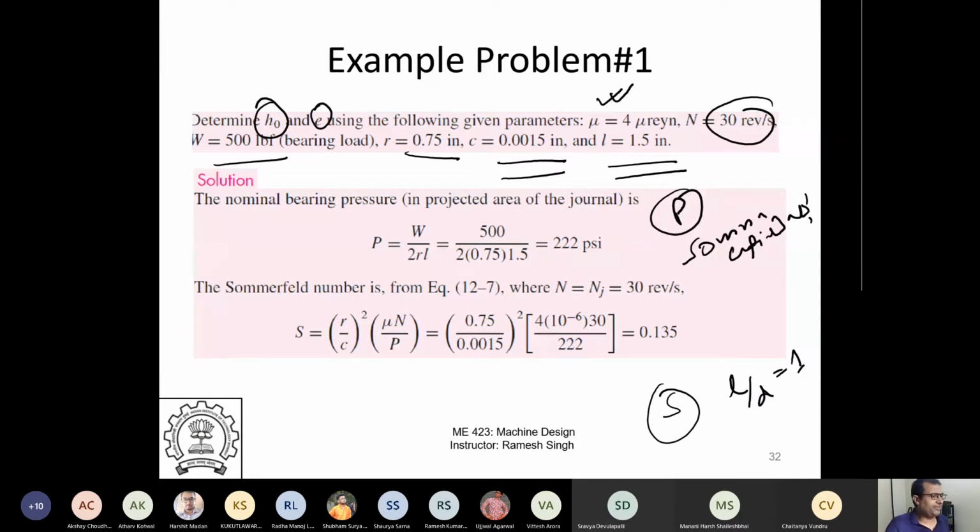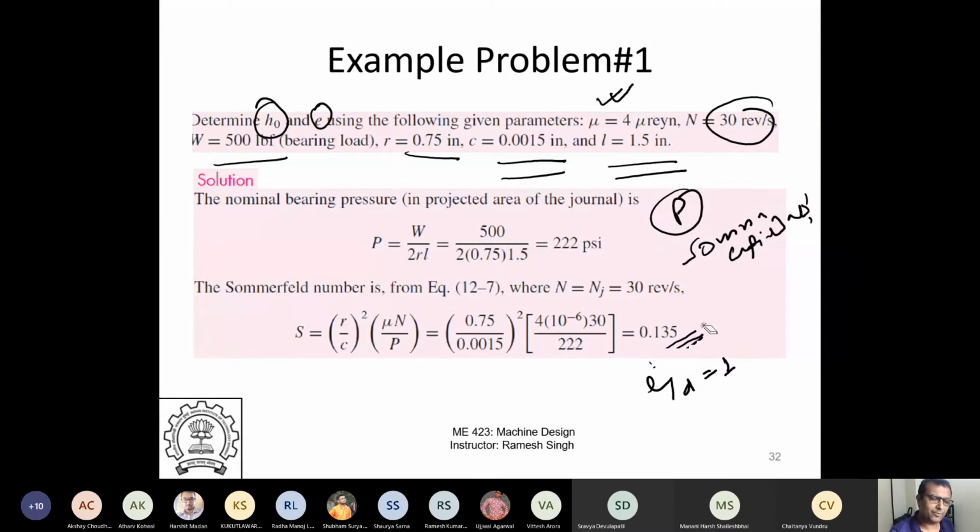Right. So now we have these two things. We have the Sommerfeld number we found out was 0.135. And then L by D was 1.